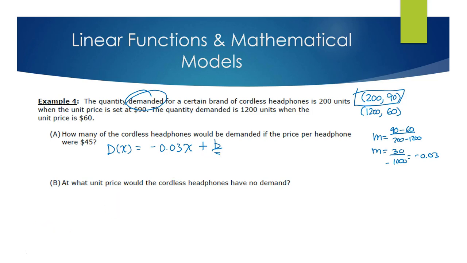To figure out that value of b, I'm going to need to put in that ordered pair, which I put a little square around up there. Remember, because this is number of units, this is my demand price. So it's still the price that we're actually working with. At $90 for price, my x value was equal to 200.